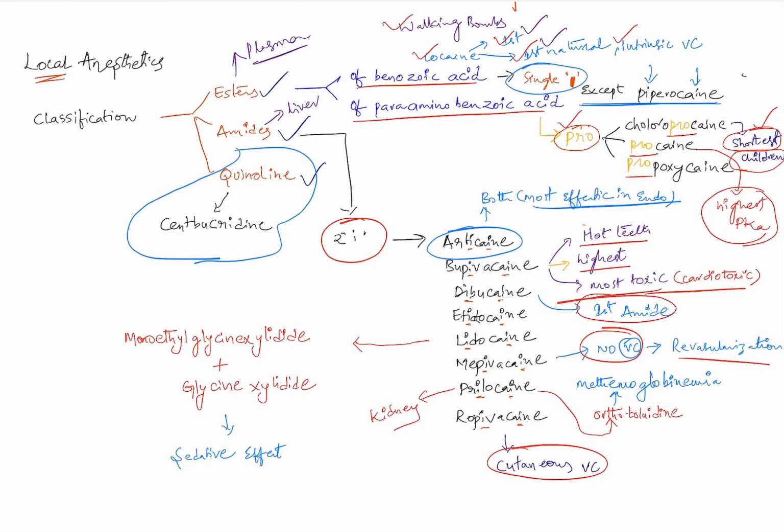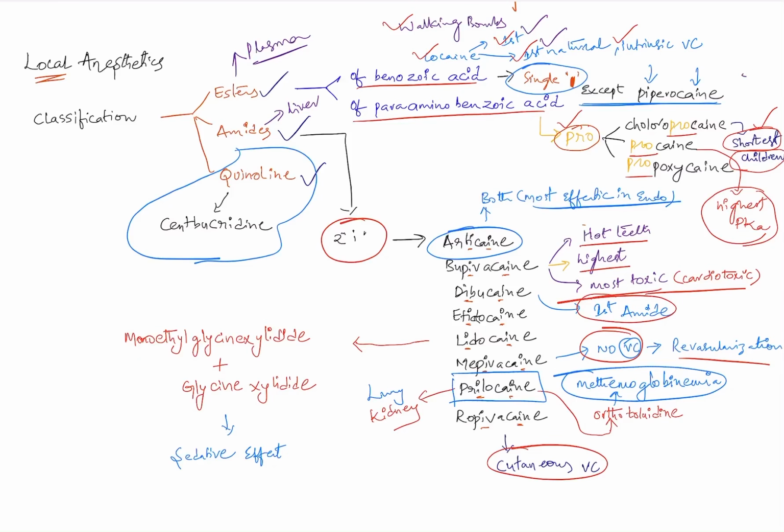Apart from this, a few more things to add are prilocaine and articaine. They show methemoglobinemia. Prilocaine gets metabolized in the lung also.